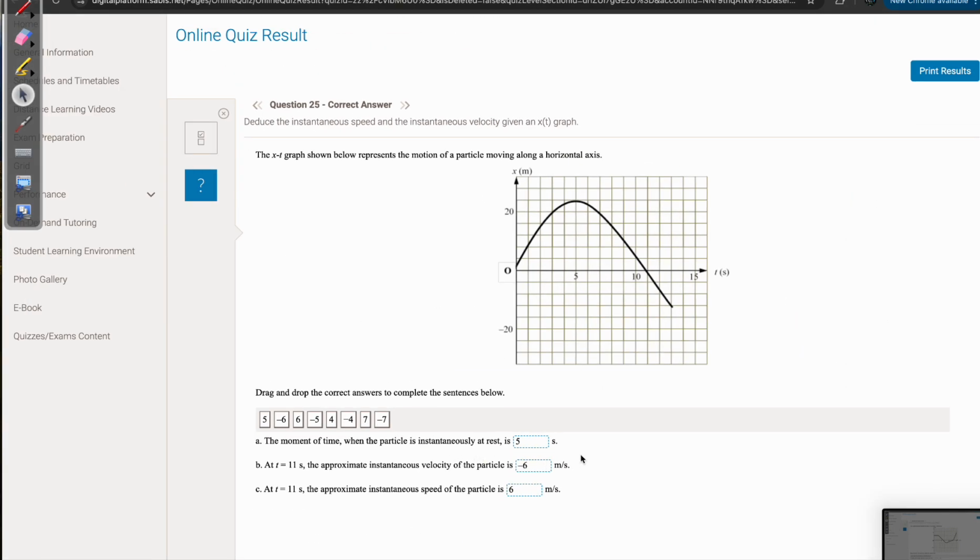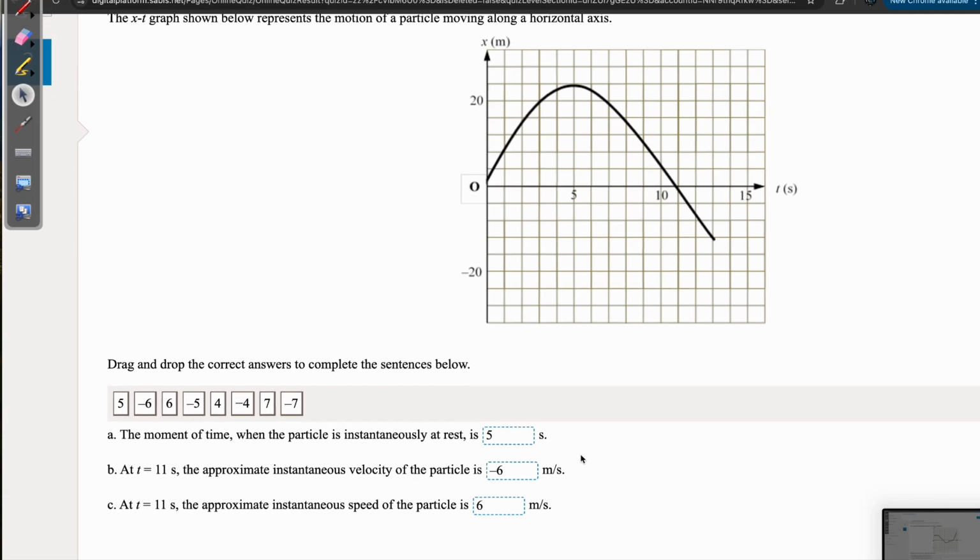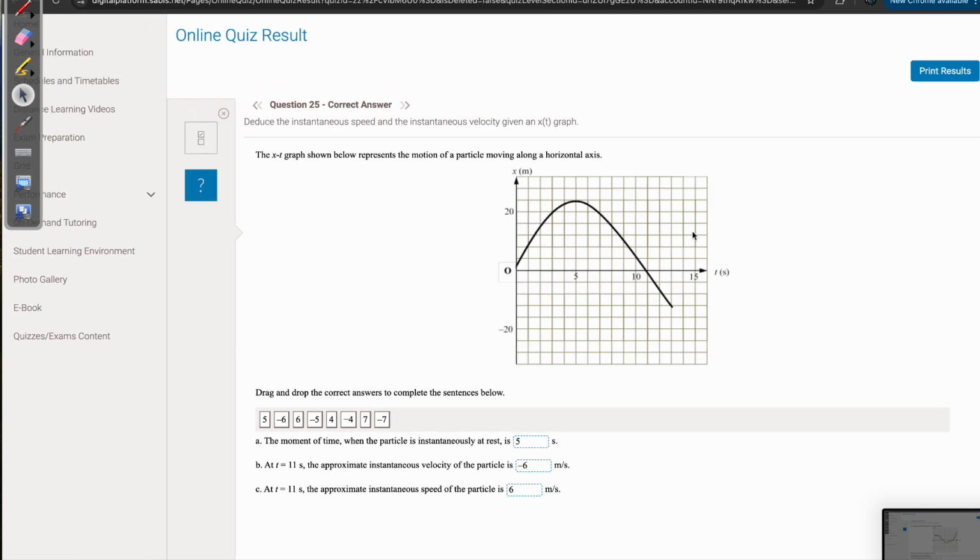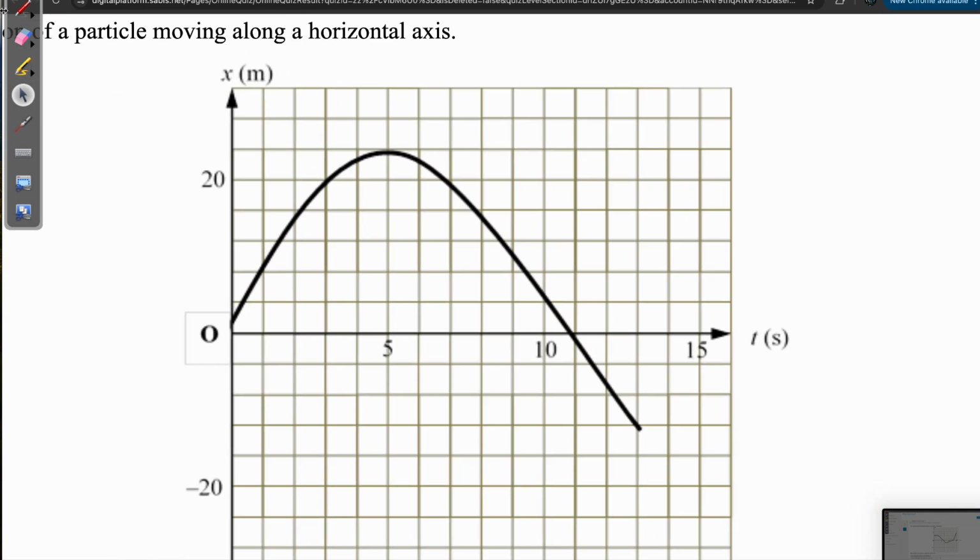At t equals 11, the approximate instantaneous velocity. Okay, so at t is 11, which is right here. This is basically a straight line, so we can easily use it for a slope equation.